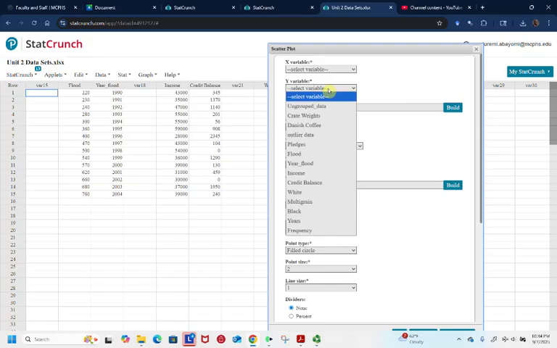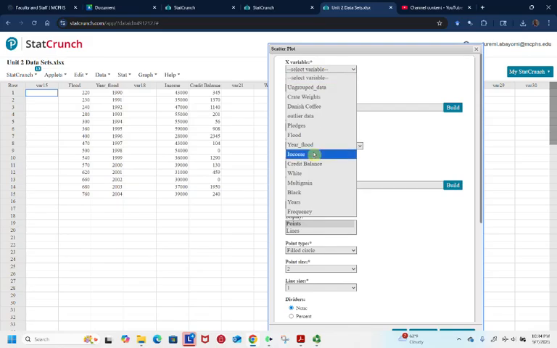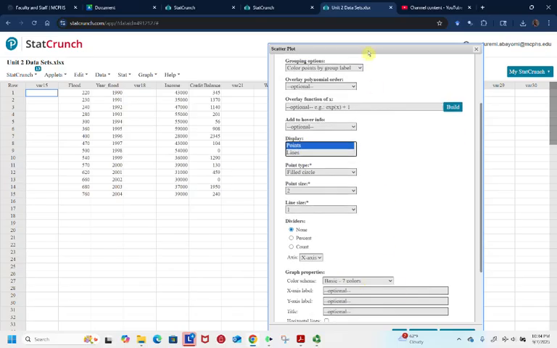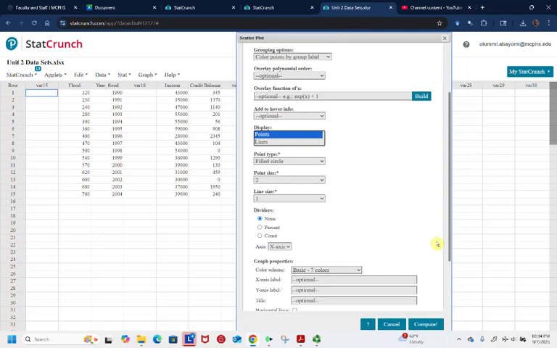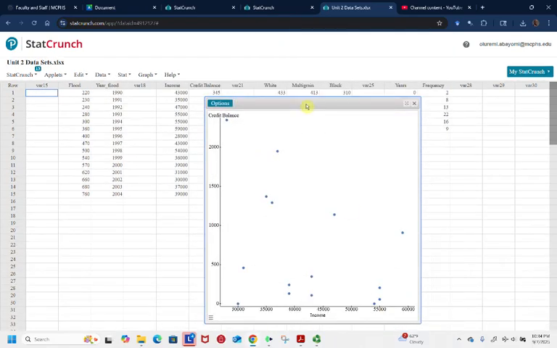So credit card balance would be my y variable, and I want it to depend on the income. And in this case, I want points because I want a scatter plot, not a line graph. I can go ahead and drag this up a little bit and then click on compute. Let's see. Yes, so I have this right here.